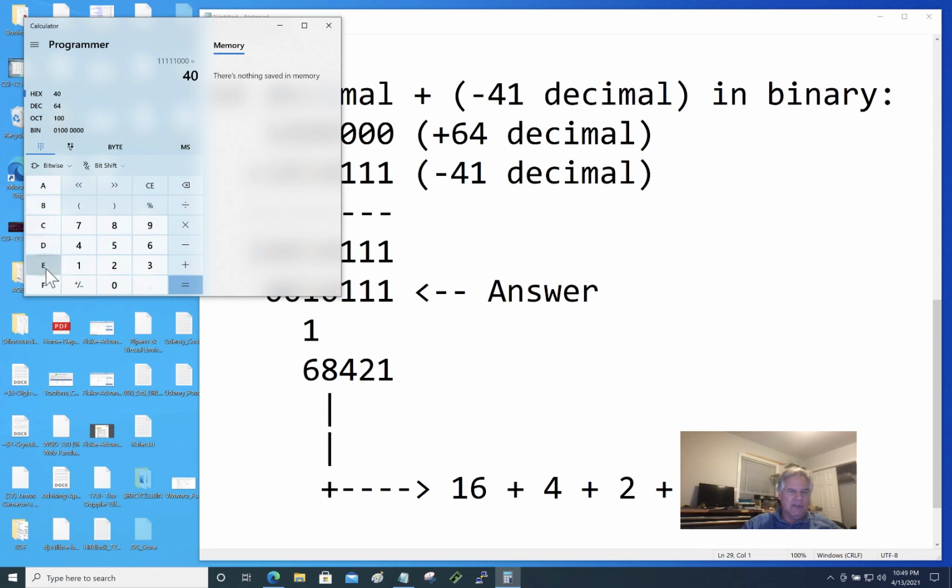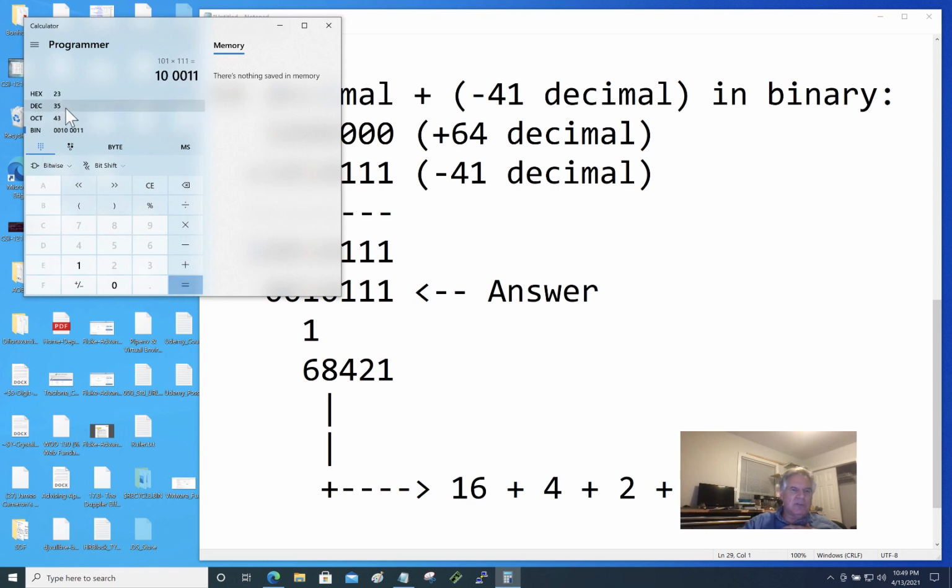Now we haven't done anything regarding how to do multiplications, but you can use the same addition algorithm that you use in decimal, where you do partial products and that sort of thing, or you can just do it in here. If I go back to binary and I clear everything out and I do 101, which is a 5, and I multiply it times 111, which we now know is 7, and I multiply it.